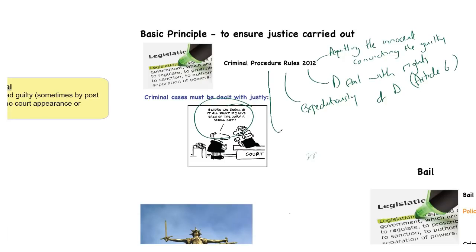And then they have to deal with the case in ways that take into account the seriousness of the offence alleged, the complexity, and we've talked about that when we talked about serious fraud cases, about how complex they are, the severity of the consequences for the defendant and others affected.